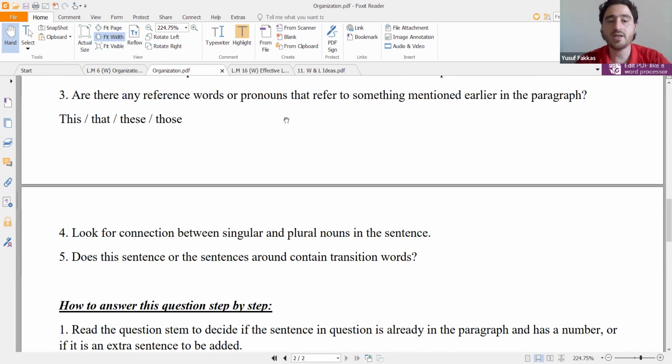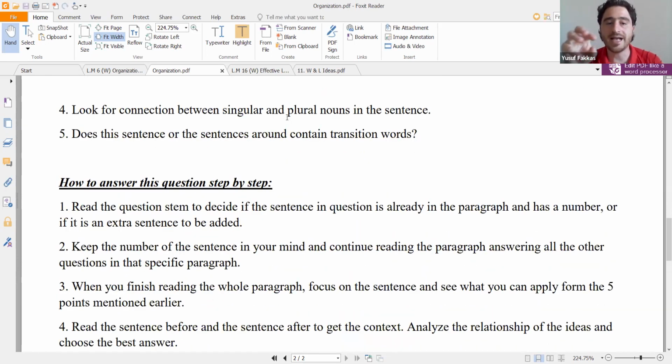The third point is, of course, I need reference words. Okay, I need something that refers to something mentioned earlier. I need pronouns. As you can see, we have this and that and these and those. Also, I can use any pronouns: her, his, him, ours, etc. And then when I look at these nouns and pronouns, I need to look for connection between singular nouns and plural nouns.